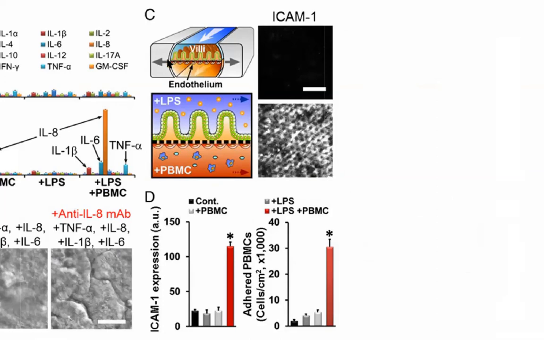So they need another layer of endothelium to mimic the capillary in the laminar structure. So they add this monolayer of endothelium into the upper level to mimic the capillary structure.